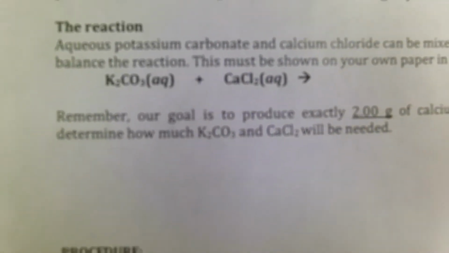Those two reactants that I just showed you, one of them is going to have to be the limiting reactant. You're going to run out of one, and one of them is going to be in excess. So you need to pick a limiting reactant. It doesn't exactly matter.